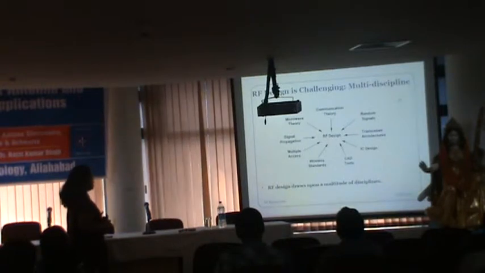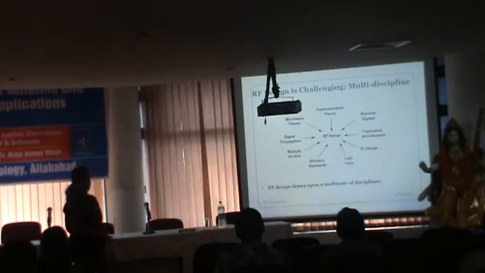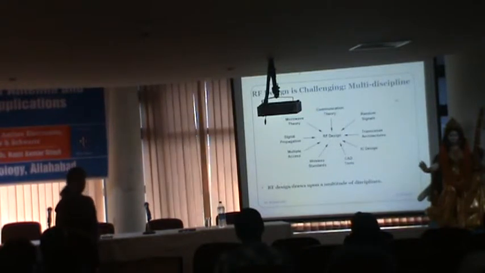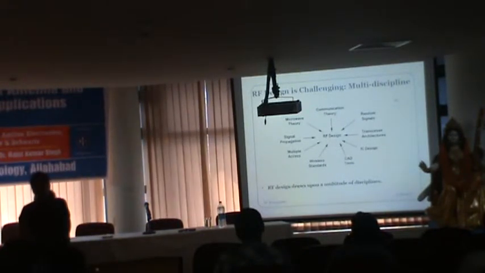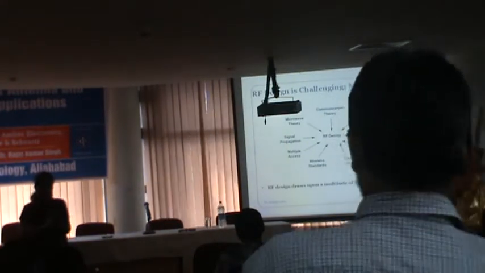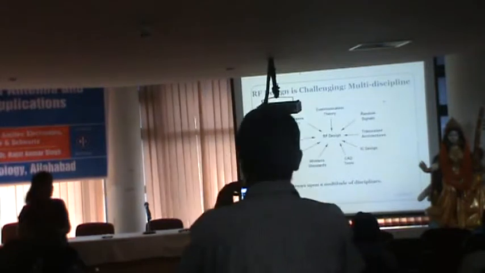Alright. So this is what we heard yesterday also. When we talk about RF design, it is quite challenging, because you need multidisciplinary knowledge when you are going to design the RF. It could be a system, a circuit, a component, or a device.